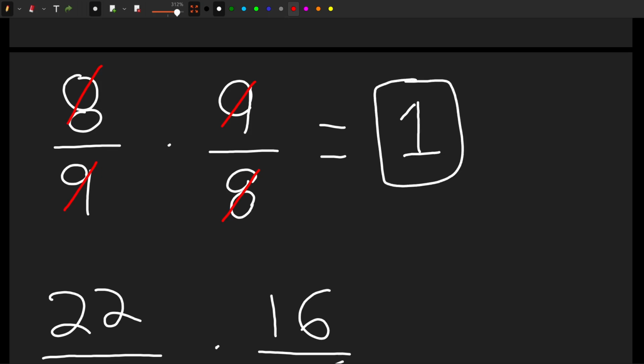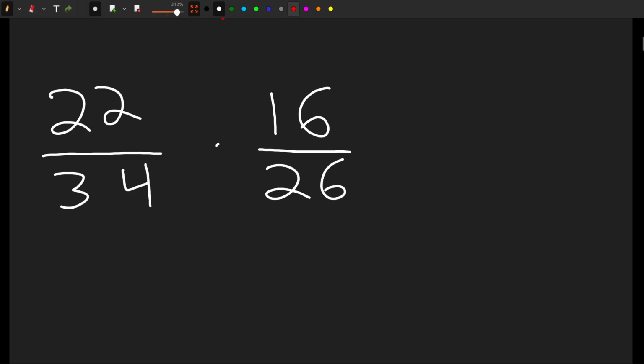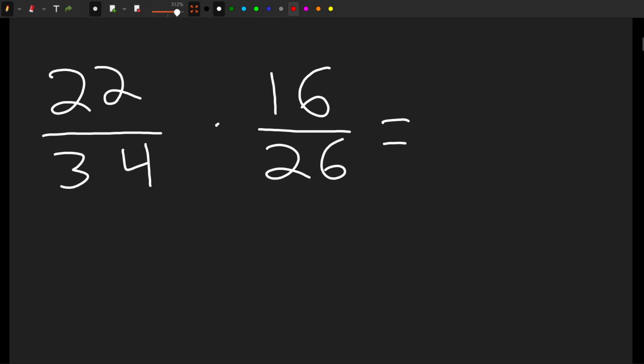Okay, now on to a big problem. So here, we have 22 over 34 times 16 over 26. Each of those numbers are even, so I know they can at least be simplified. So I'm going to start by writing the prime factorization.